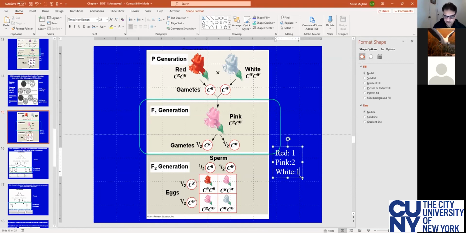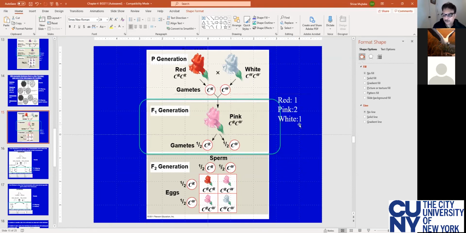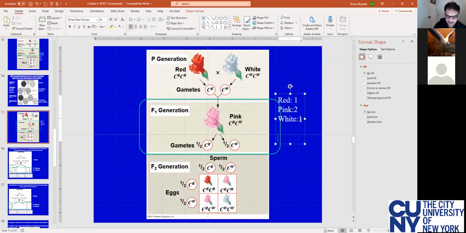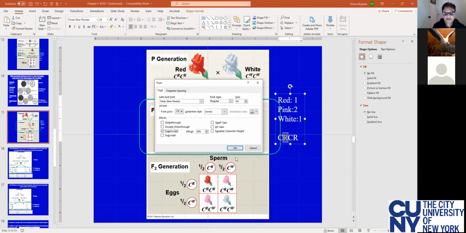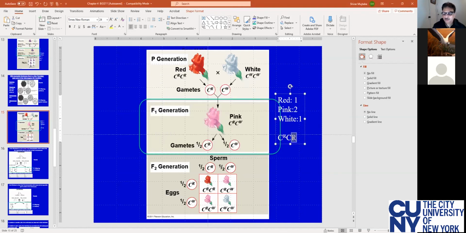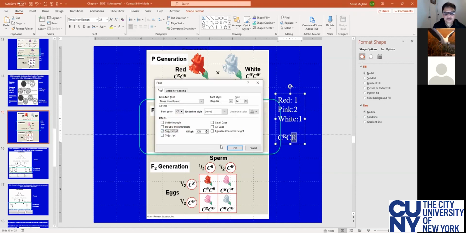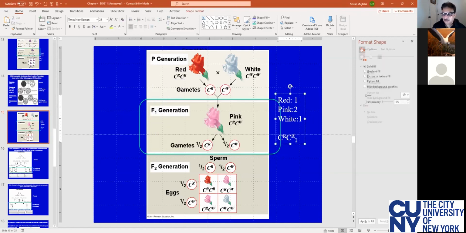Now let's look at the genotype. You see that there is CR, CR stands for red, and that is only one.